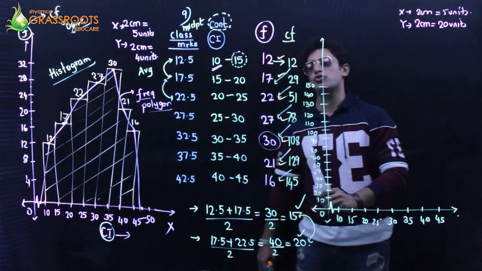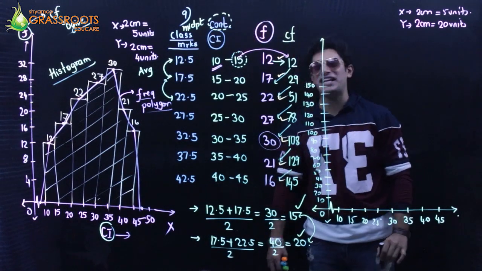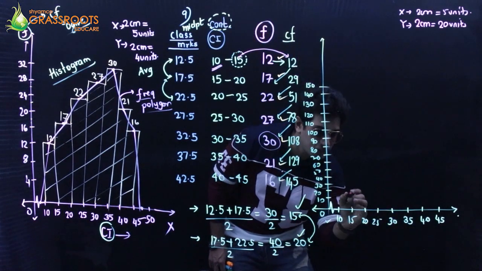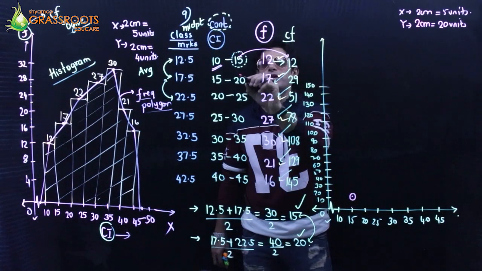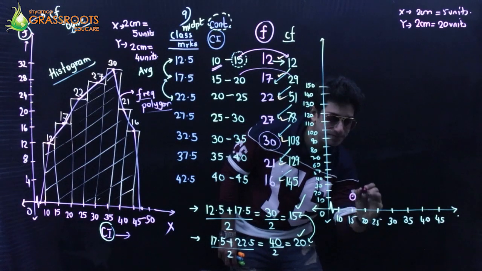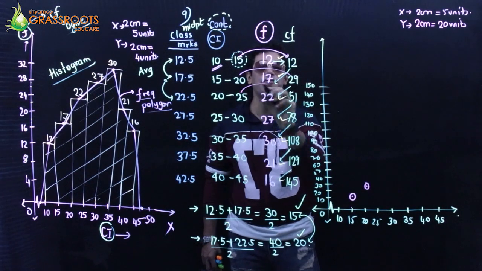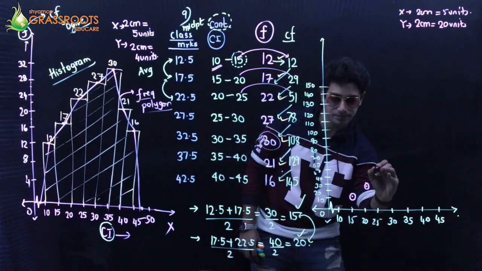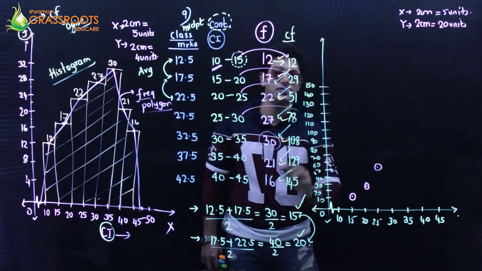So the first plot, it's always with the upper limit. With 15 we have 12. It's a very simple plot. With 20 we have 29, just one digit lesser than 30. With 25 we have 51. With 30 we have 78.